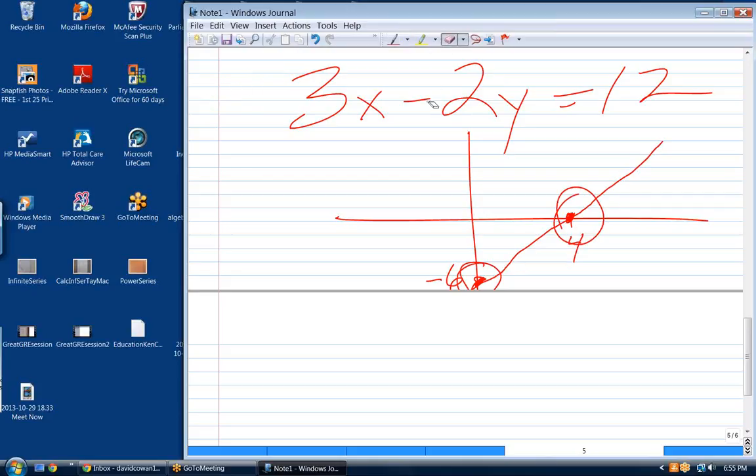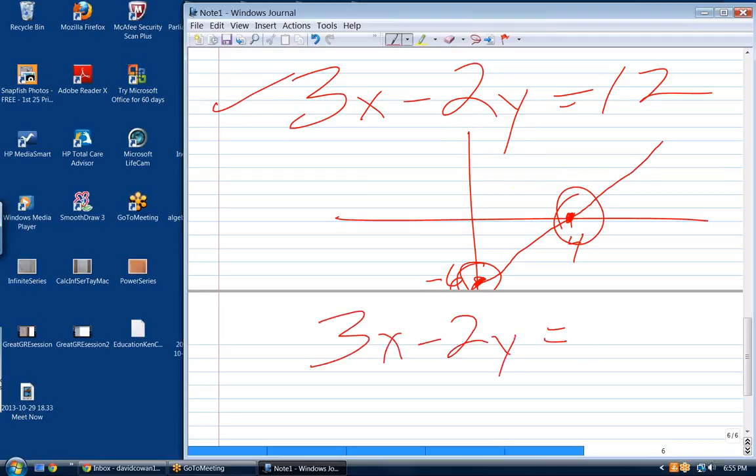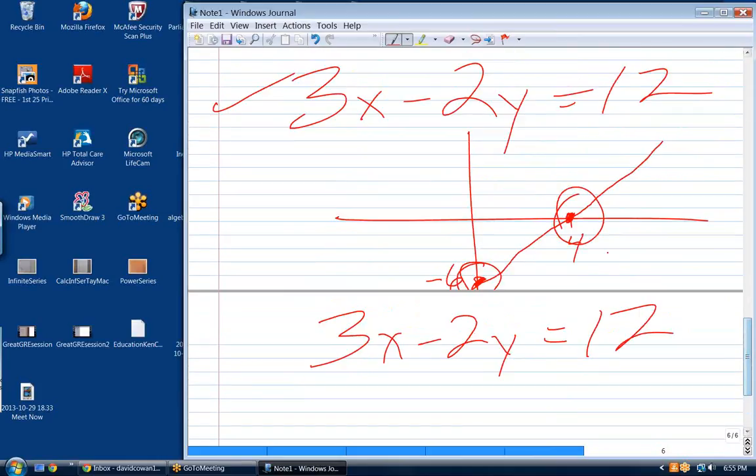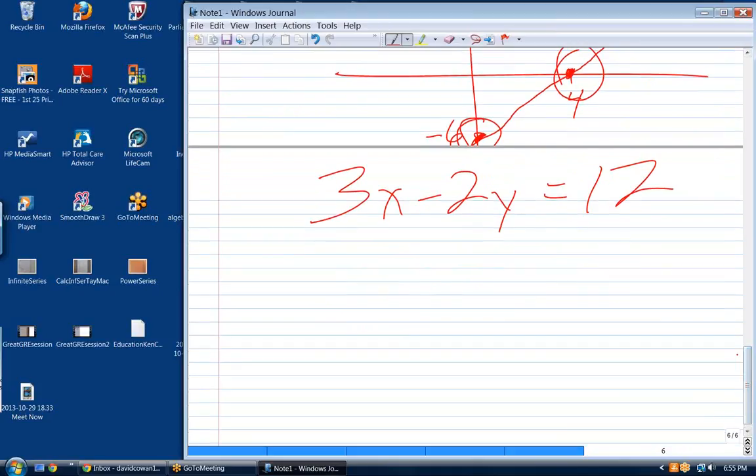If I want to graph the same equation, but in slope-intercept format, so solve this for me in slope-intercept format. In other words, if the question was to graph this, and I didn't know about the x-intercept and the y-intercept, how would you graph it? You'd put it in slope-intercept format. How do we do that?